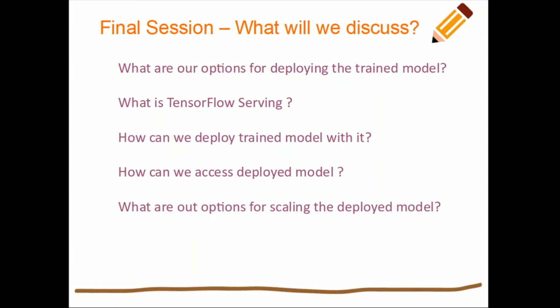That is the concept of fault tolerance. Our objective is to have as much uptime as possible for the deployed model, and we'll see the different options for achieving that objective.